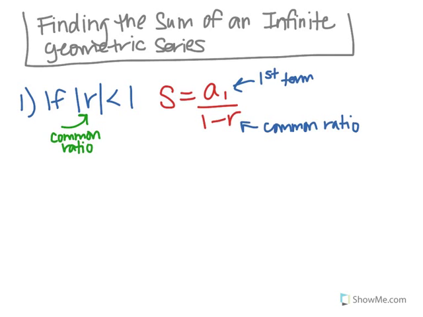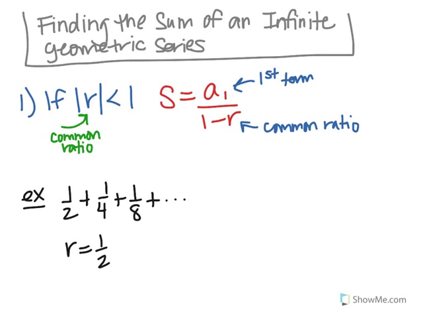So let's go back to that example I gave a few minutes ago, 1/2 plus 1/4 plus 1/8, where I found the sum of the first 10, 30, and 100 terms, and found out that the sum was approaching 1. Now if I look at the common ratio, it's 1/2, because I'm multiplying by 1/2 to get from one term to the next.